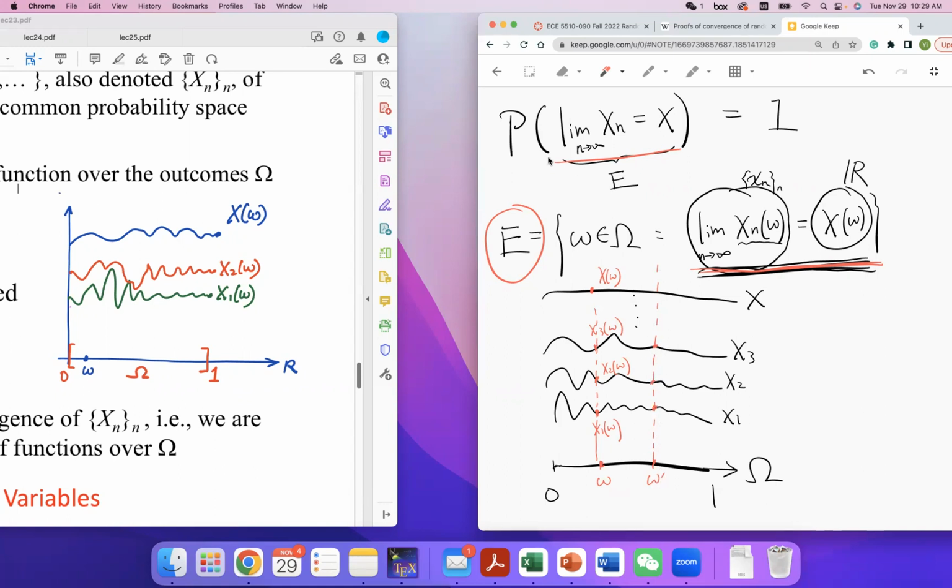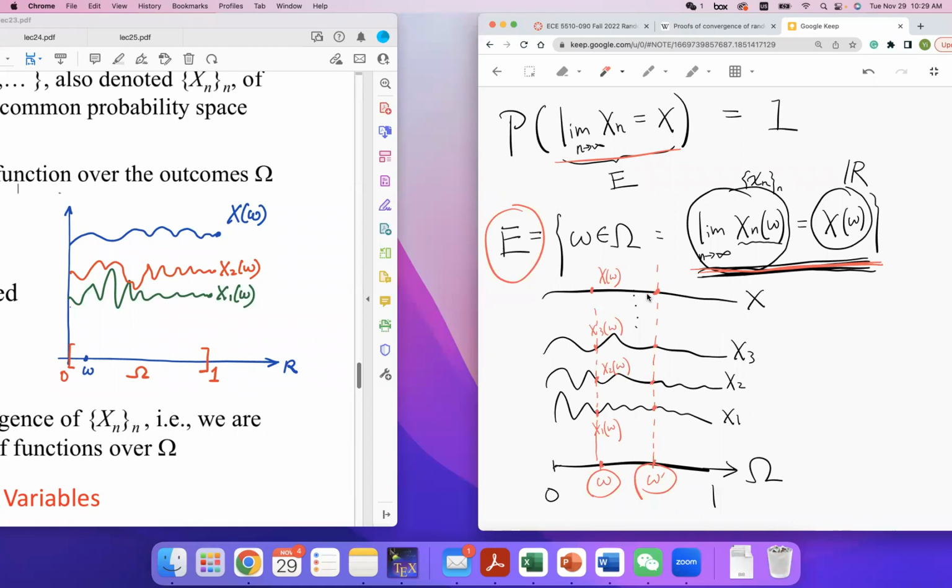And almost sure convergence means that for almost all these omegas that you consider, this sequence will converge to the realization of the target random variable. All these feasible omegas form a set that has probability measure 1. Basically, for almost all the outcomes over this interval, we have this convergence.